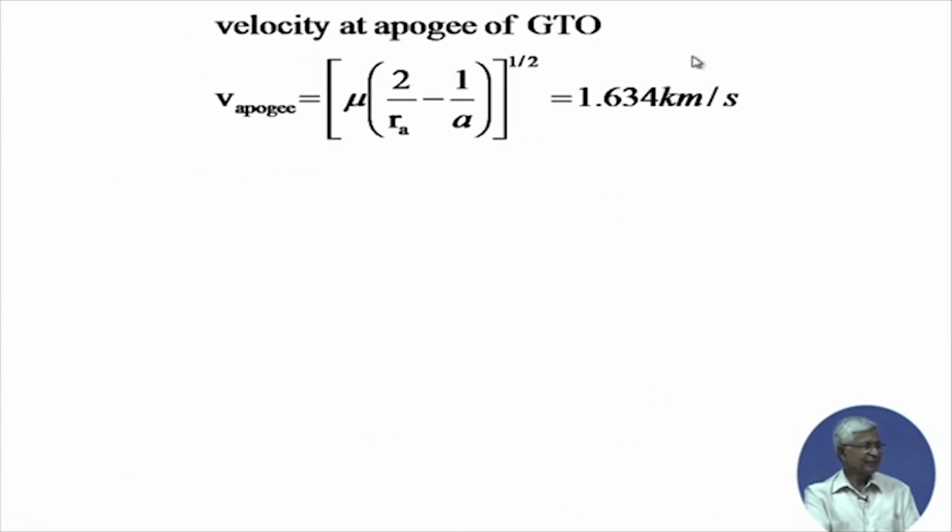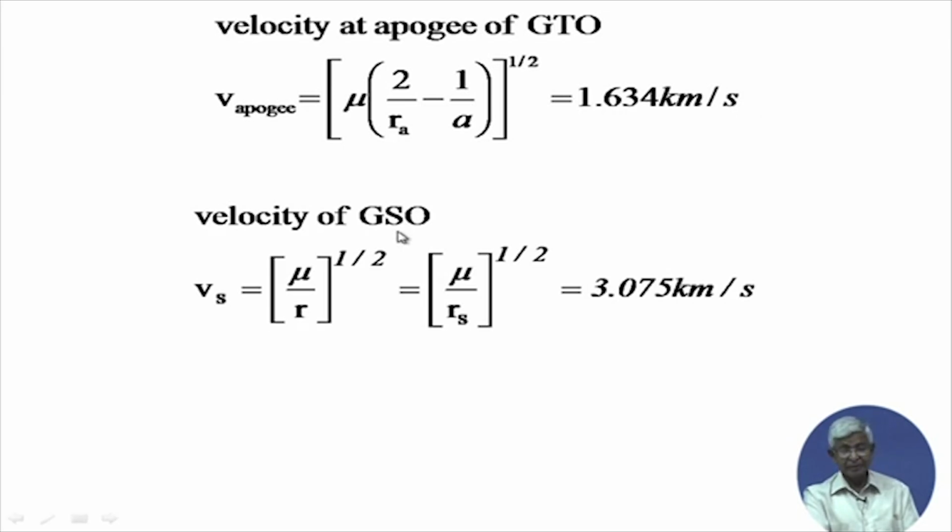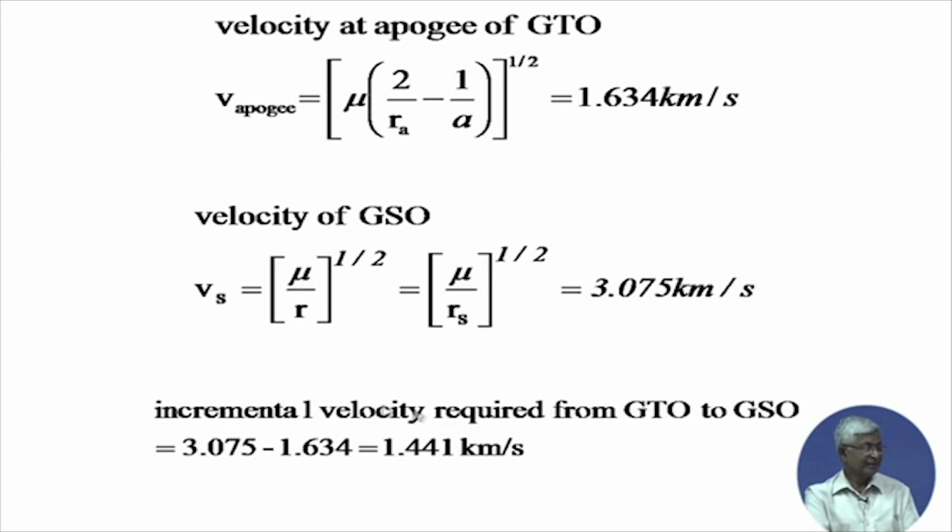And then the velocity at apogee of that particular elliptical orbit, you can put ra, and velocity will be 1.6 kilometers per second. Whereas at GSO we have calculated earlier, the velocity is supposed to be 3 kilometers per second. So, this difference is to be applied, and the incremental velocity from GTO to GSO is 1.4 kilometers per second.